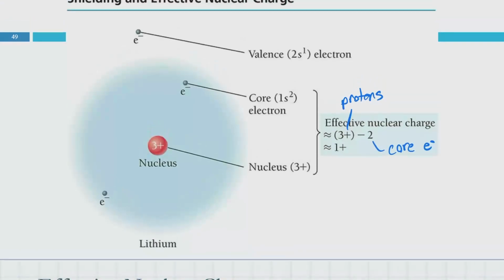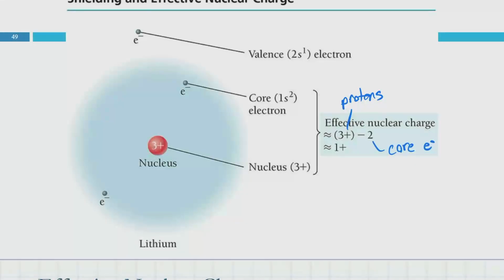What happens to the effective nuclear charge as we move from the left side of the periodic table to the right side? If we look at adjacent elements like phosphorus and sulfur, how many core electrons does phosphorus have? 10. Phosphorus has 10 core electrons because that's the previous noble gas, which has 10. How many core electrons does sulfur have? Also 10.